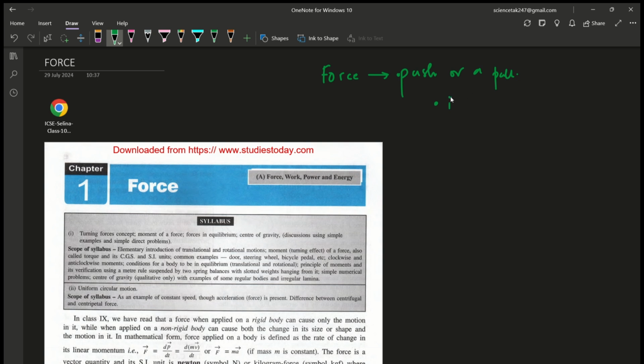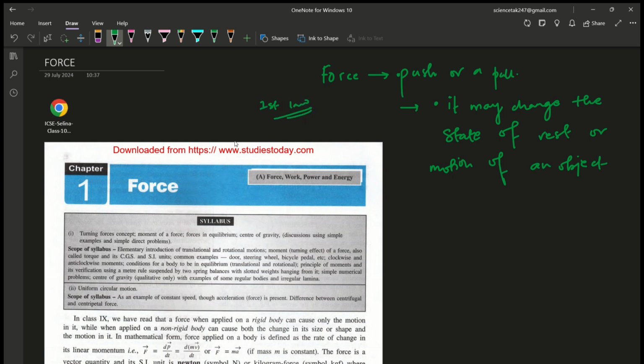may change the state of rest or motion of an object. As the first law given by Newton implies, what does it say?